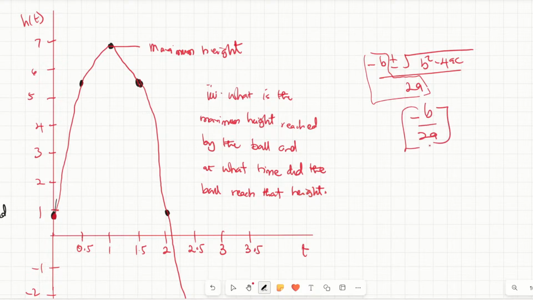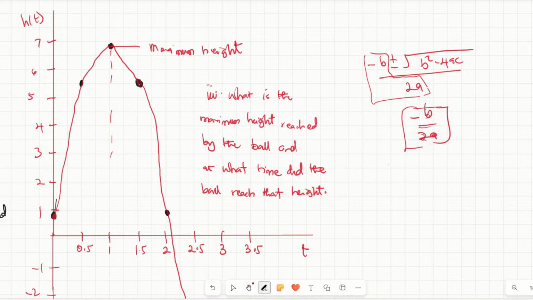In some situations where you don't have to do the graphical part, you see where the maximum height is, which is 6.8, and the time, which is at 1 second. We can use minus b all over 2a to determine that.